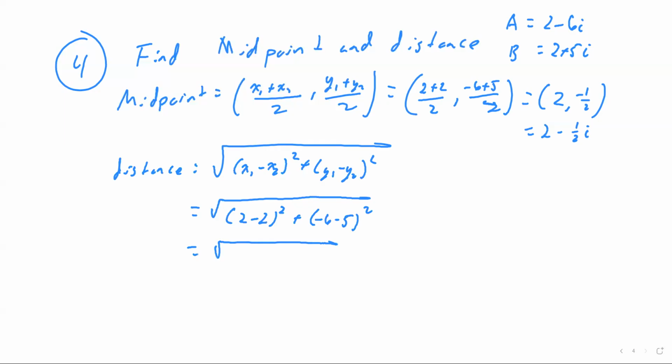So what is 2 minus 2? 0 squared. What's negative 6 minus 5? Squared. 0 squared is 0. Negative 11 squared is 121. 0 plus 121. And then the square root of 121. 11.